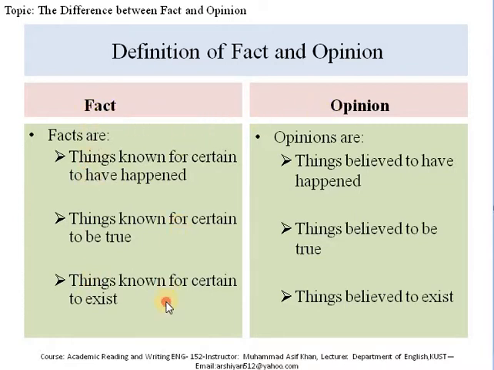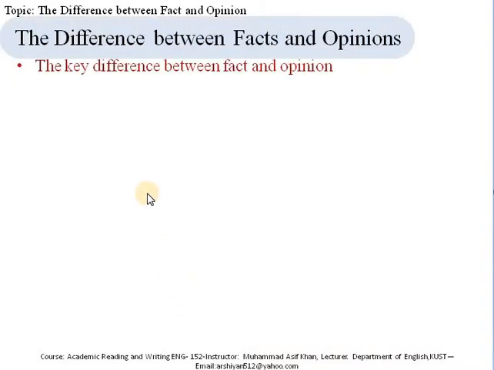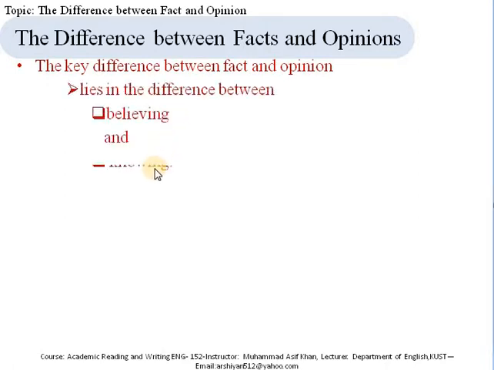Dear students, as you can see, the key difference between fact and opinion lies in the difference between believing and knowing. In facts, we are certain. We have firm knowledge about these things. We know these things for certain. We are very sure about these things.